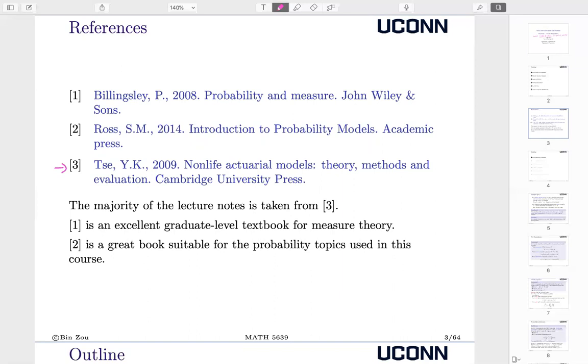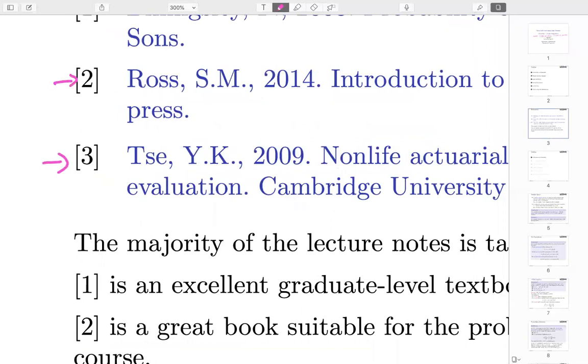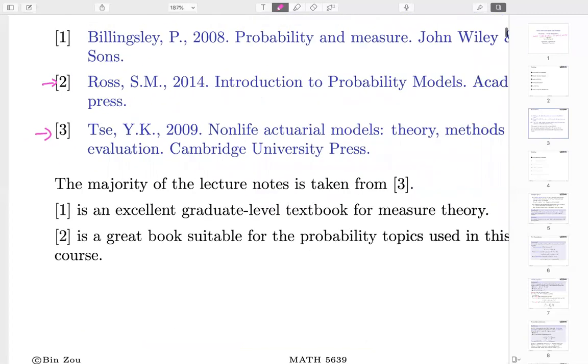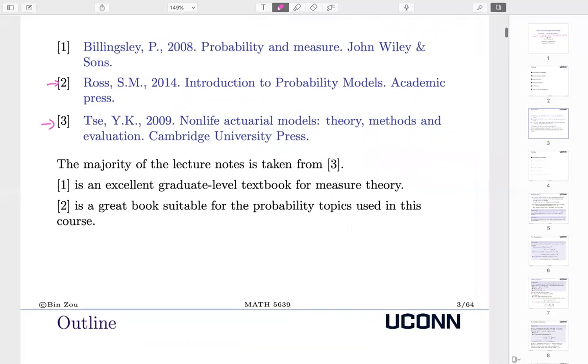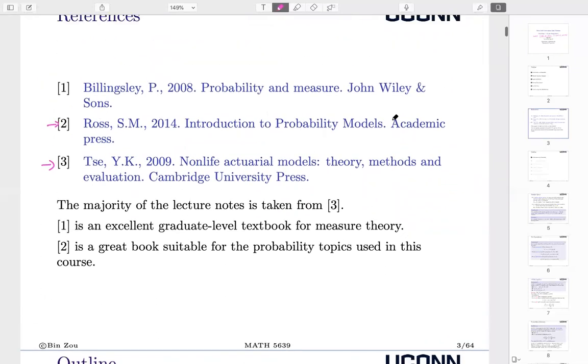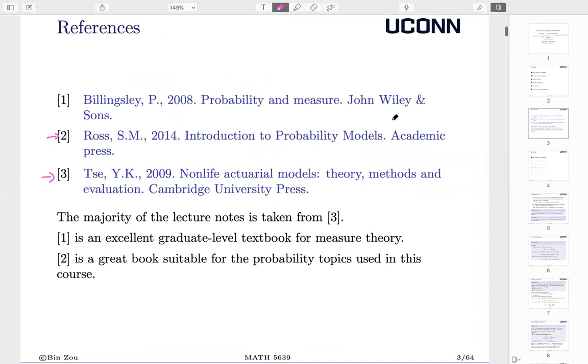So if you have, say, a little issue from the exercise, it may be a good idea to take a look at the second book. That is the book from Sheldon Ross. He's a very famous person in probability and has written many outstanding textbooks. Book 2 is one of them.